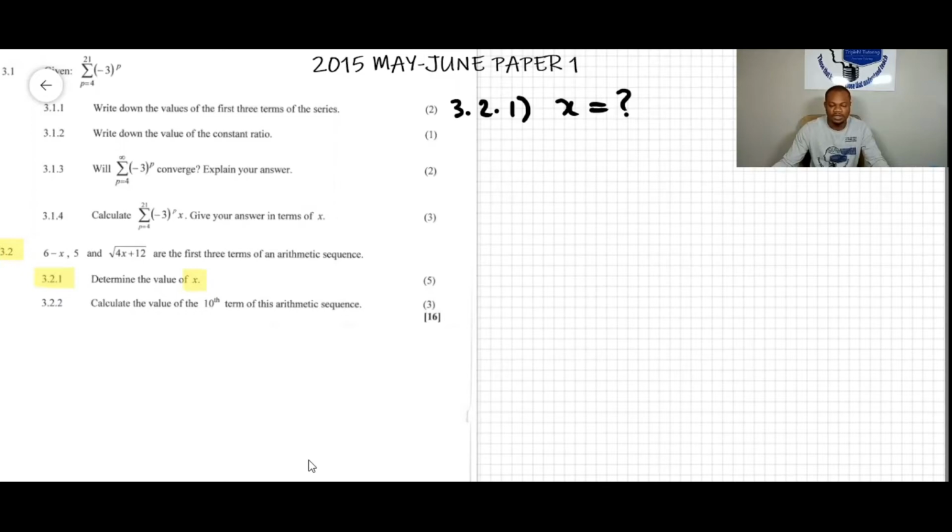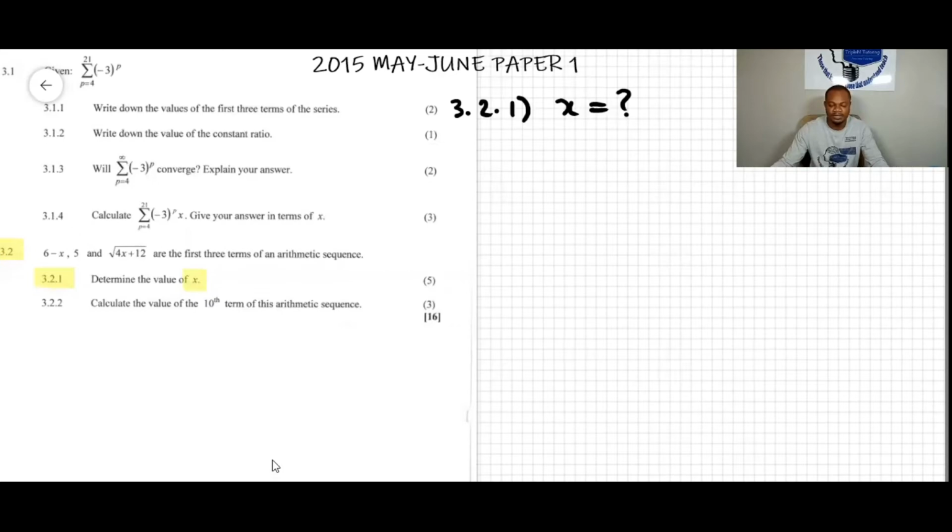So we can see from the question that we are given an arithmetic sequence. An arithmetic sequence has one condition, or it's bound to the definition of an arithmetic sequence: the first difference is constant. So it has a constant difference. So what does it say?